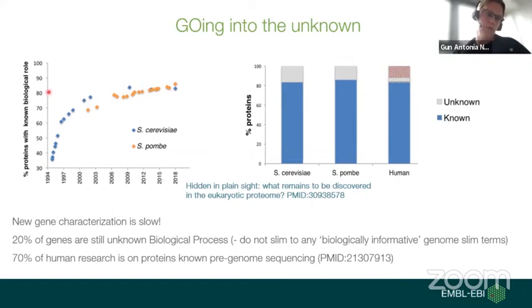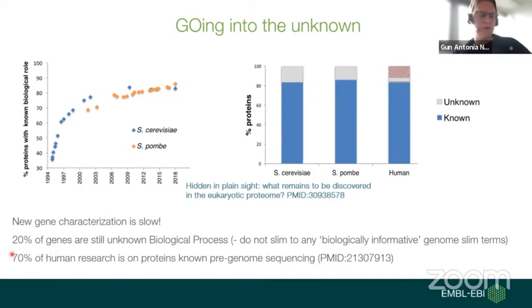So we only know just over 80% of proteins and genes in terms of their broad biological role, like what pathways they act in. And when they looked at human, it was a very similar story, where only just over 80–85% have been characterized.